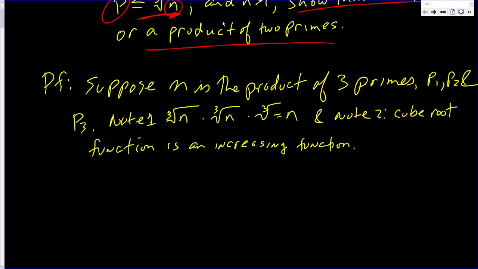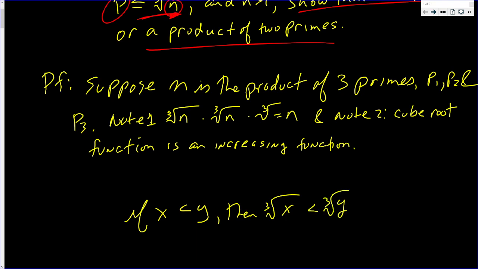What does that mean? That means if x is smaller than y, then the cube root of x is smaller than the cube root of y. You take cube roots of larger numbers, you get a larger answer. If y is larger than x, the cube root of y is larger than the cube root of x. Okay.